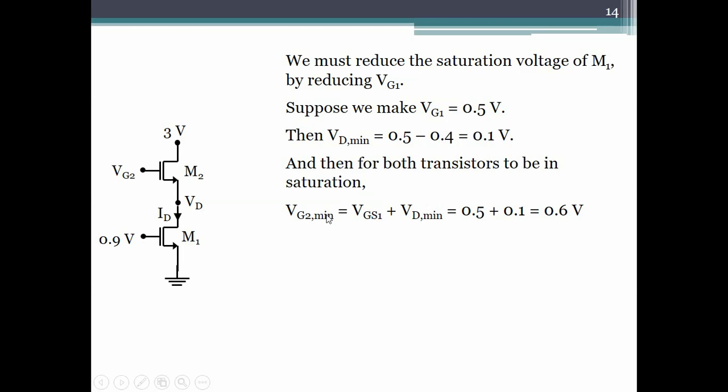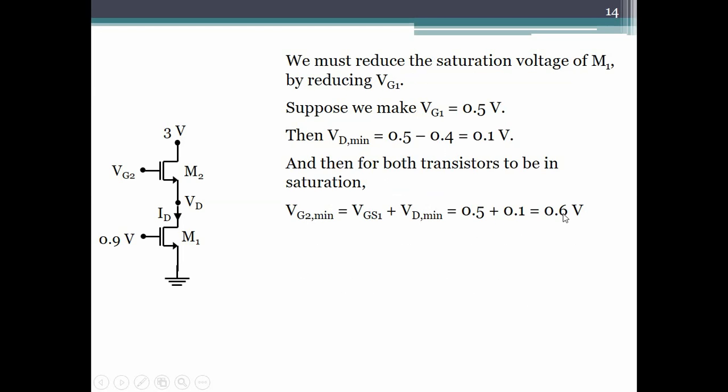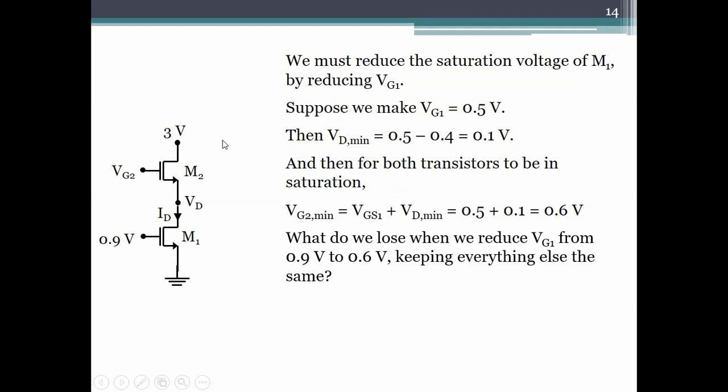So the lowest that we can get for VG2 is 0.6 volts. It was 1.4, so we can bring it down to 0.6 volts. So the highest range of VG2 we can obtain in this circuit is 0.6 volts to theoretically 3.4 volts, realistically 3.3 volts. Okay, next question.